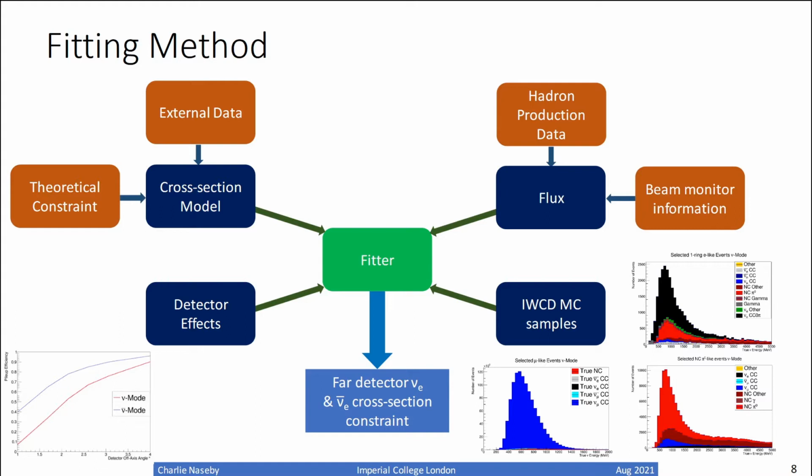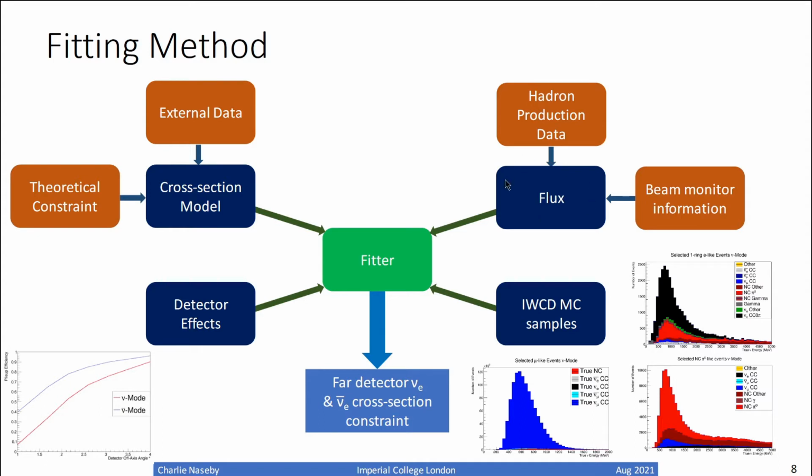So with that in mind, we need some method for extracting these cross-sections. To do that, we can use a model-dependent fitting approach very similar to that currently used by T2K for their near detector ND280. This involves the use of a neutrino interaction model, which is constrained by theory and by external data.